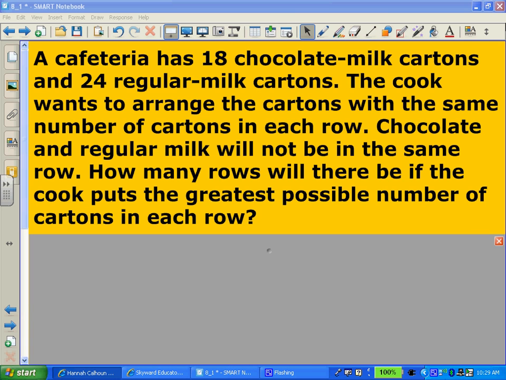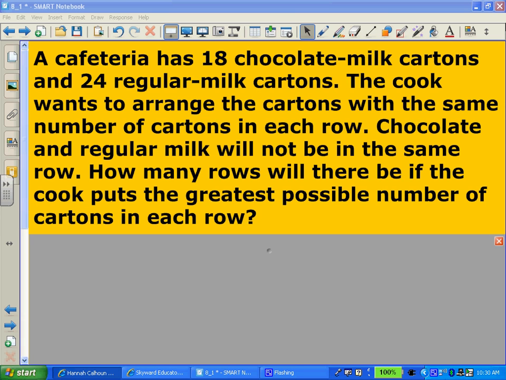Now, the last thing we have here is some fun little story problems. Now, story problems will kind of ask you two different questions here. So we have a cafeteria has 18 chocolate milk cartons and 24 regular milk cartons. The cook wants to arrange the cartons with the same number of cartons in each row. Chocolate and regular milk will not be in the same rows.